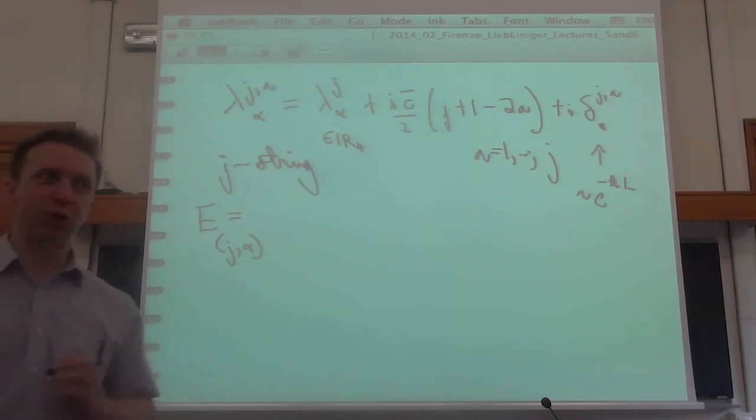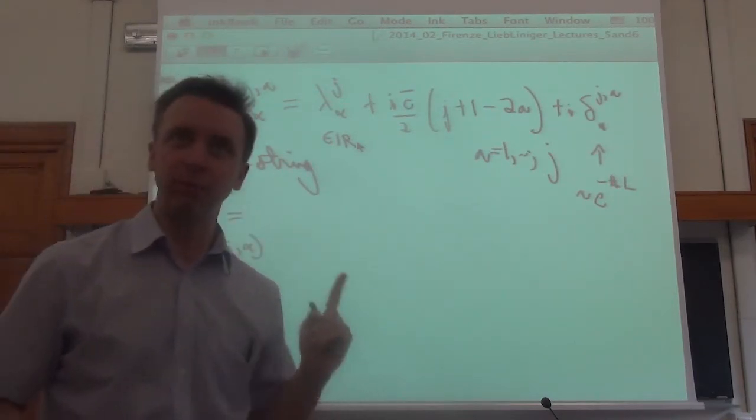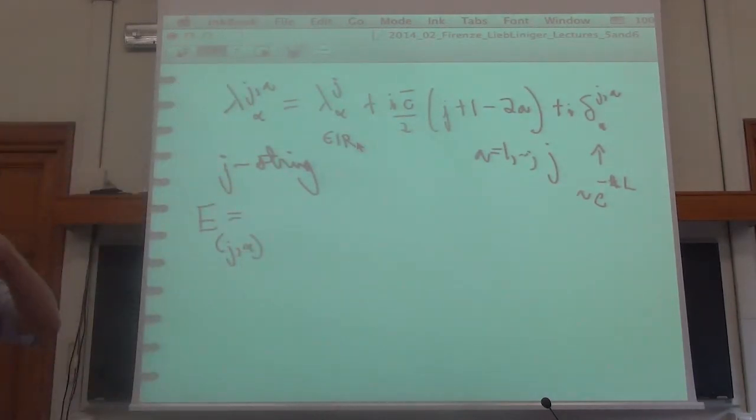Even if it's a 2-string, it's a real number, because the 2-string is characterized by a real center, which is lambda 2 alpha. And then the two rapidities are lambda 2 alpha plus i c bar over 2 and minus i c bar over 2.